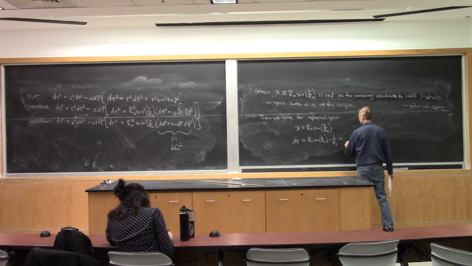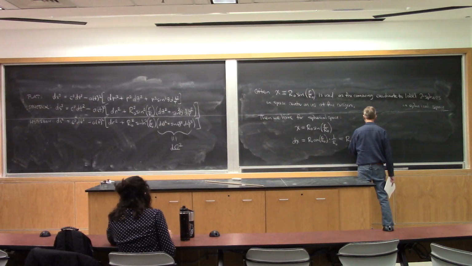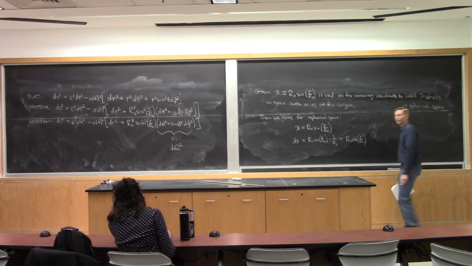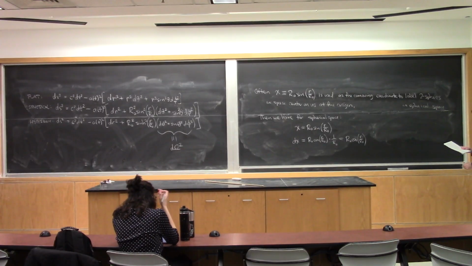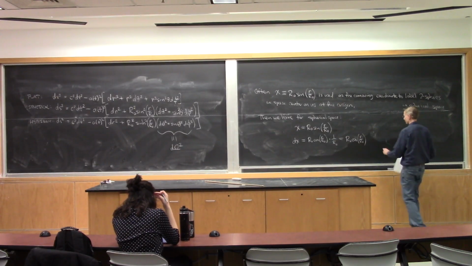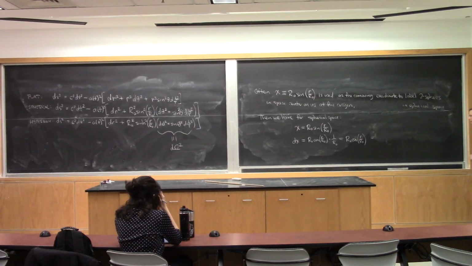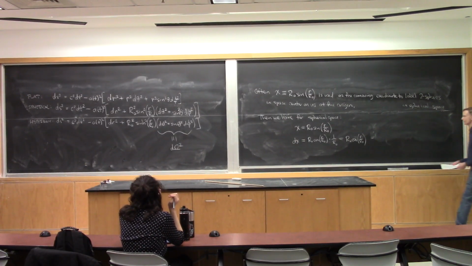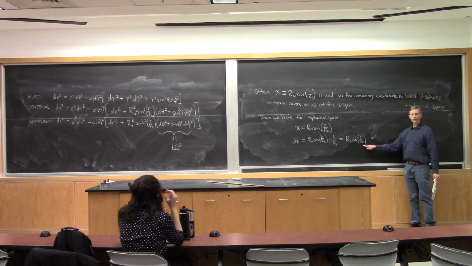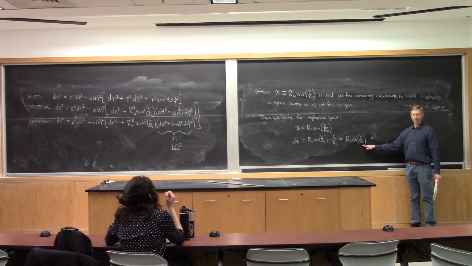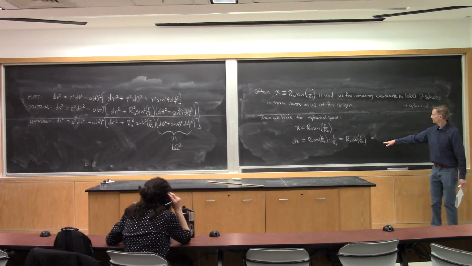Well, the r naughts cancel, and you just get cosine of little r over r naught. But wait a minute. Can we put that back in terms of sine of r over r naught? Did I do something wrong?